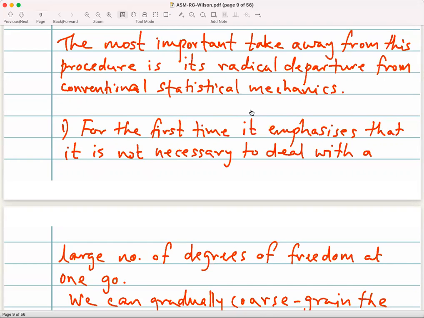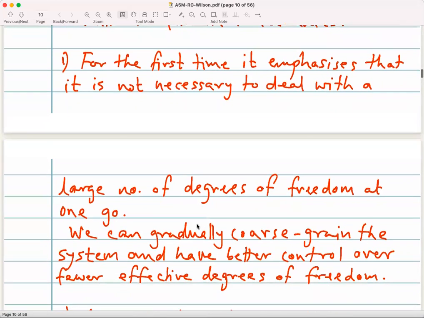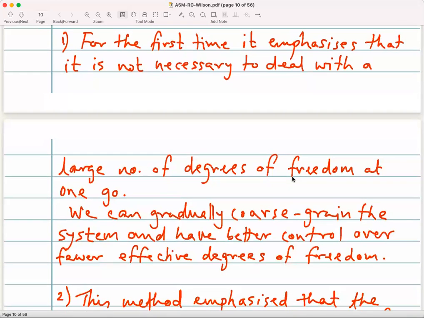So this is the main departure from statistical mechanics in the Wilsonian approach: you can reduce the number of degrees of freedom of the system and still maintain the same physics that the original system had.